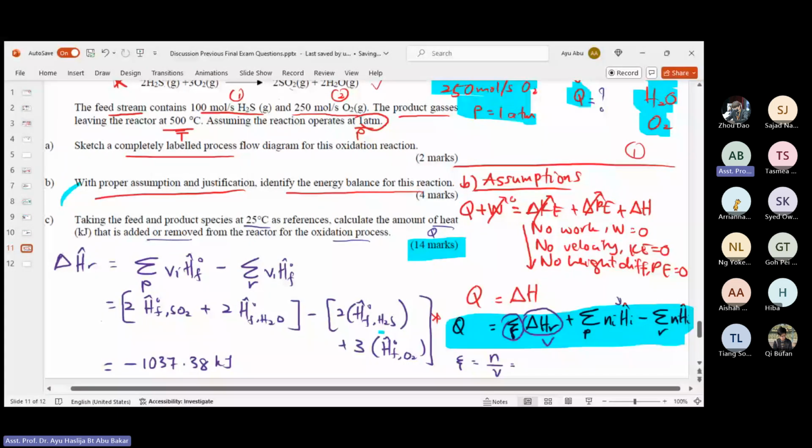In this case, we focus on hydrogen sulfide. So N from the reaction equation above is given as 100 mole, over V, the stoichiometric coefficient from the equation over here. This one. Okay, so 100 divided by 2, that's 50.